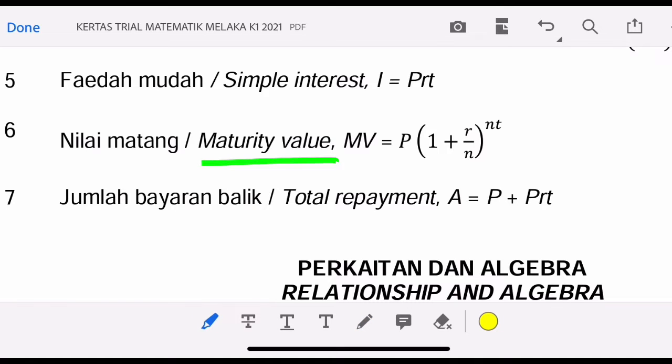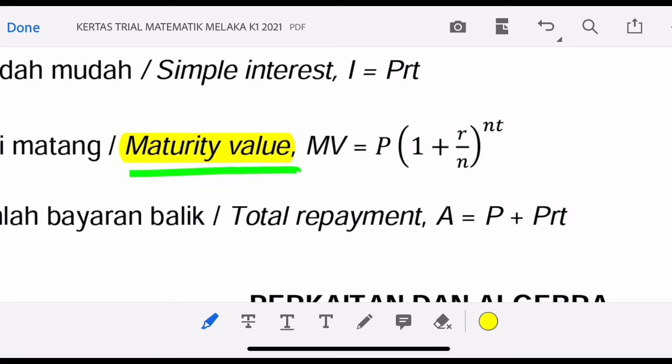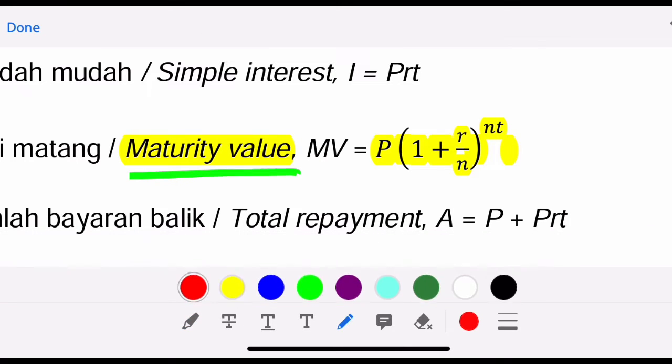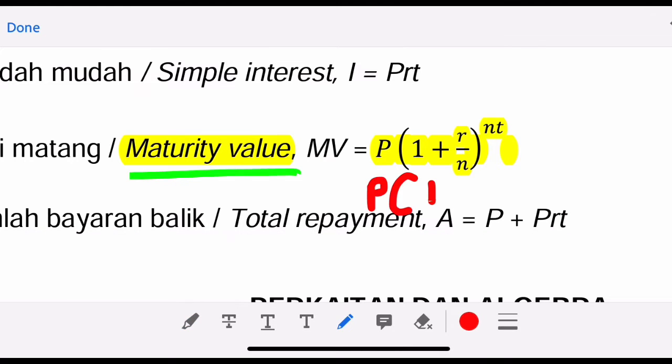Very important keywords, please copy down. Maturity value. The formula is principal times 1 plus r over n, to the power t.